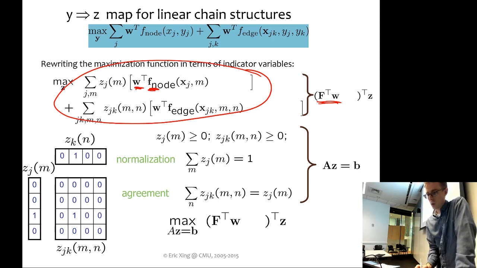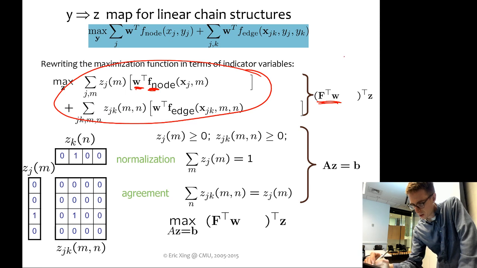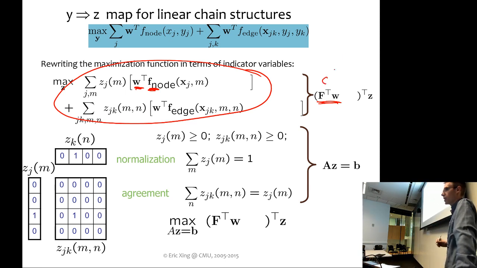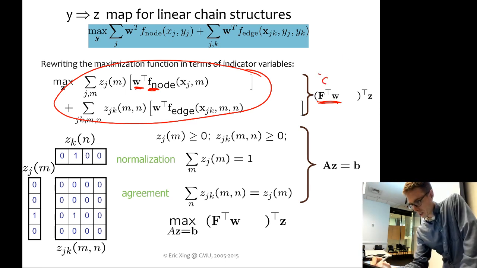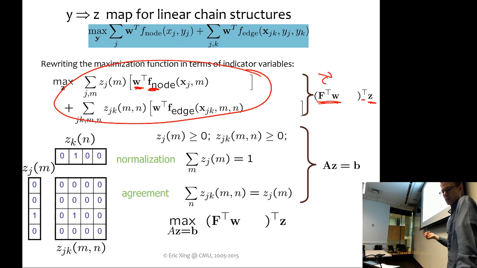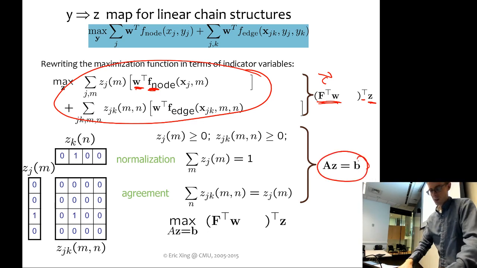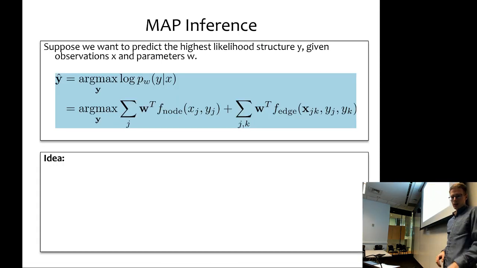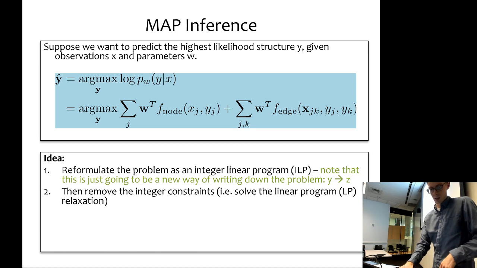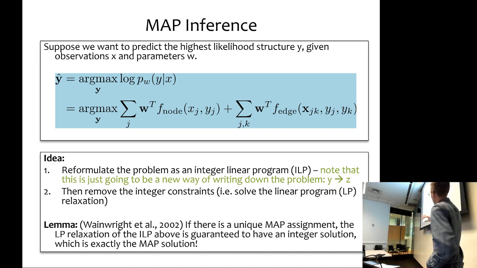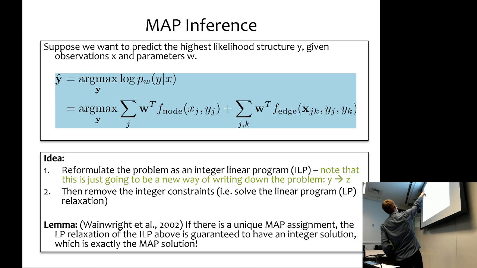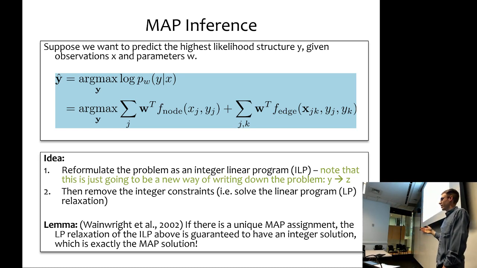That gives us our scores, so this is like our score vector C. We have this score vector C transpose Z, where Z are all of the indicator variables, and then we have constraints AZ equal to B, or less than or equal to. So finally, we can treat this MAP inference problem as if it were a binary integer linear program.